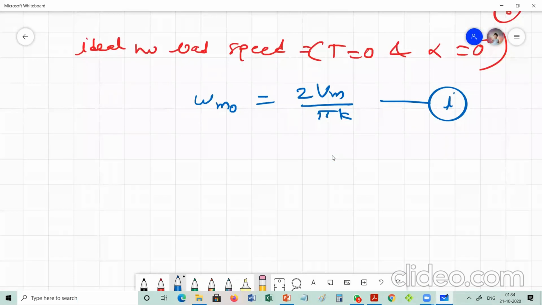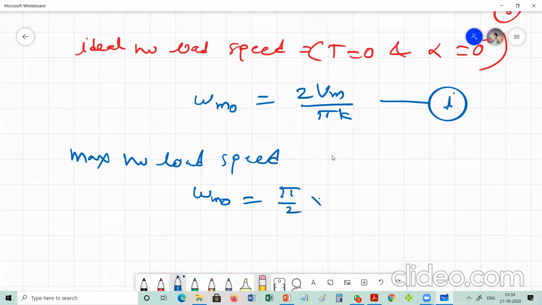This is the ideal no load speed. Similarly, the maximum no load speed is pi by 2 times omega m0, same theory, so it is equal to Vm by k.